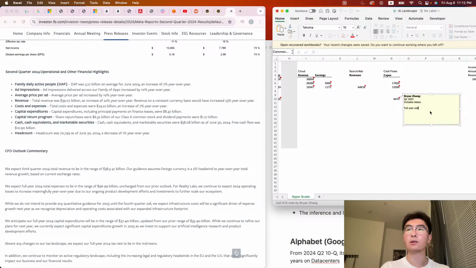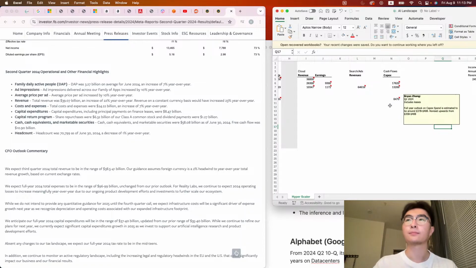Full year outlook on capex spend is estimated to be around 37 to 40 billion dollars, revised upwards from 35 to 40 billion.